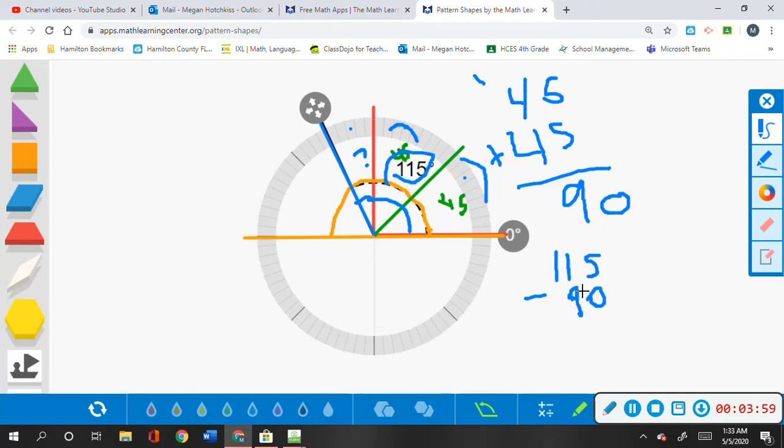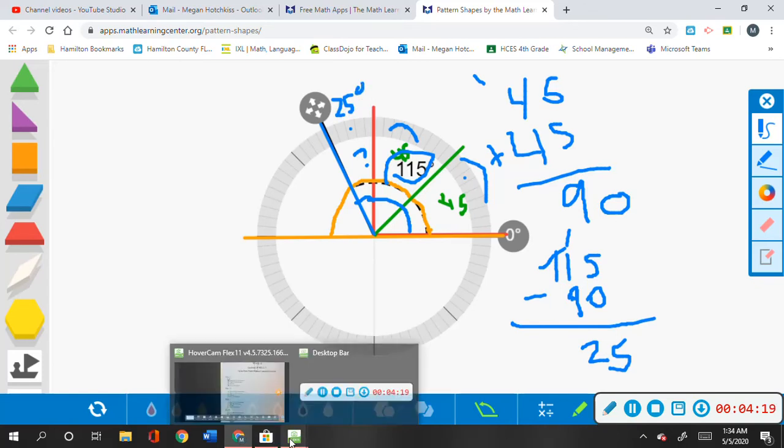We can subtract 90 from 115, so that would be 5, borrow this, that would be 2. So this angle would be 25 degrees. Alright, so that's what we know.